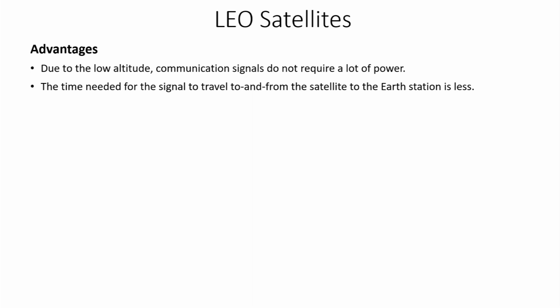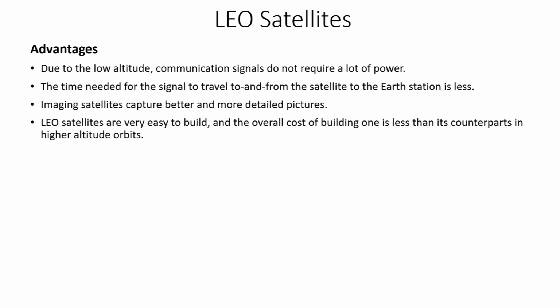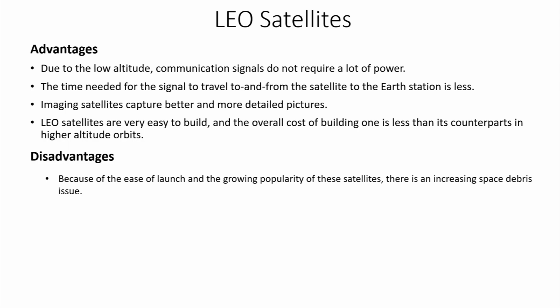This is called latency, so you get better latency. We also have better resolution, that is, imaging satellites capture more detailed pictures. These satellites are also easy to build, and their cost is less compared to higher altitude satellites. What are the disadvantages?